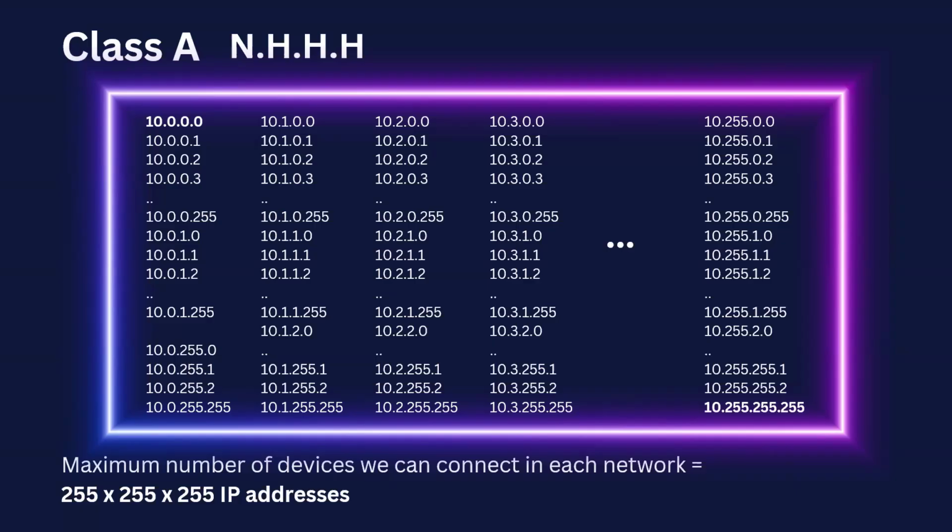All of these special organizations use Class D and Class E public IPs. They're not given to the general public for internet access. For internet access, you only have the first three classes, Class A, B, C. Class D, Class E public IPs are reserved for special organizations.